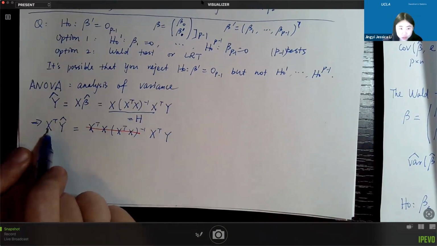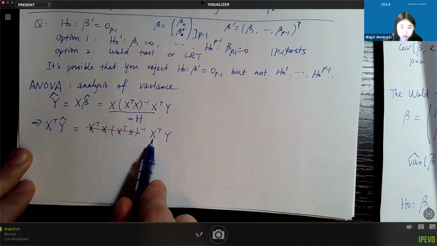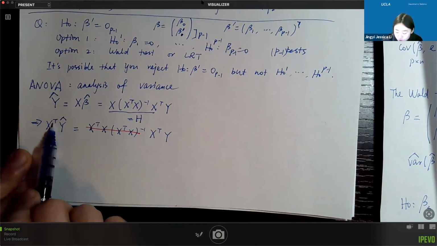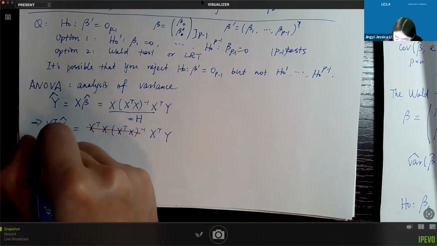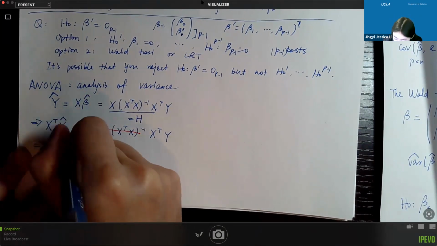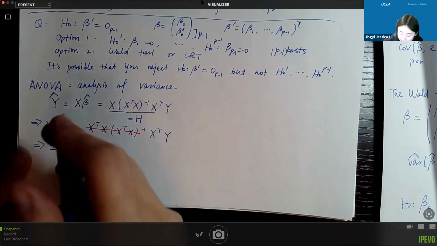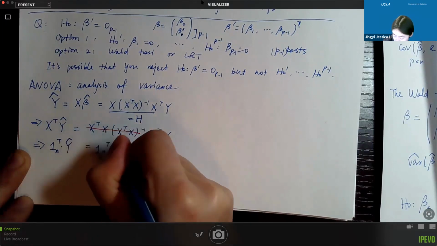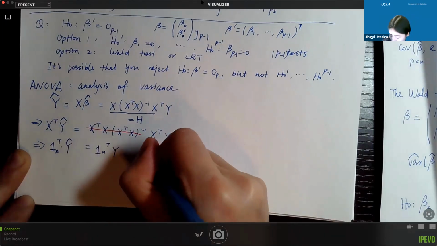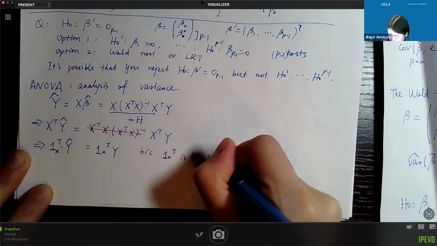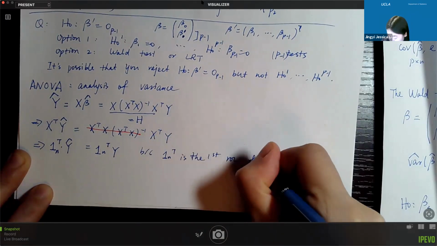If you remember, the first column of X is all ones. That's the intercept. Then the first row of X transpose is all ones. So that gives me 1 transpose times y hat, where 1 is n-dimensional, equal to 1 transpose y, because 1n is the first row of X transpose.